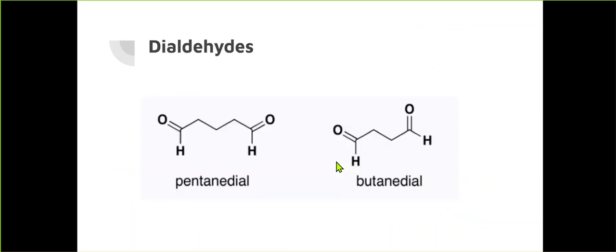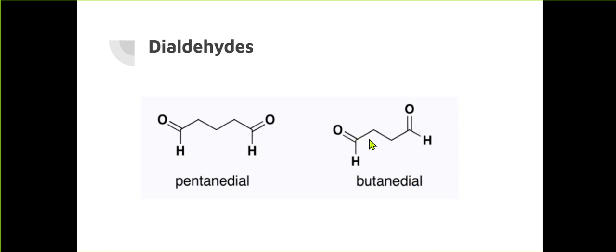You can have dialdehydes. So you can see here that there's a C double bond OH on this end of the chain and a C double bond OH on this end. And this has 5 carbons in it, so this would be called pentane dial. Oops, not diol, but dial. And the same here as butane dial.